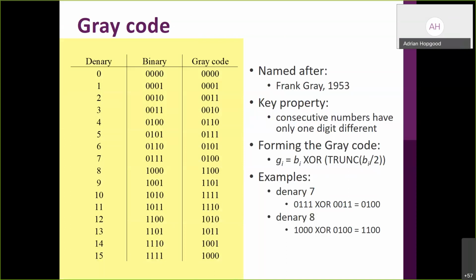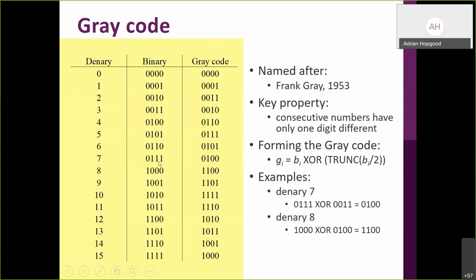The key point about Gray code is that as you move from one number to the next number, the Gray code only changes by 1 bit. So if you look at any of these items in the table, from one number to the next, only 1 bit ever changes. It's rather different with binary code. If you look at this point here, from 7 to 8, every single one of the bits changes. So that can be a bit of a disadvantage with the genetic algorithm.